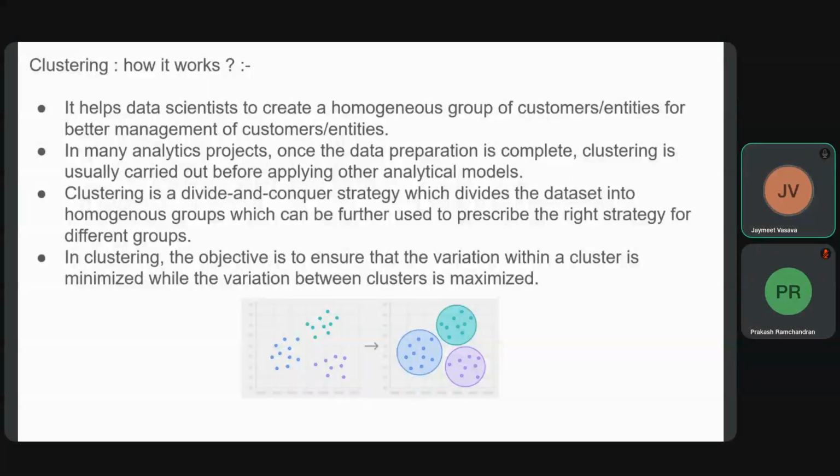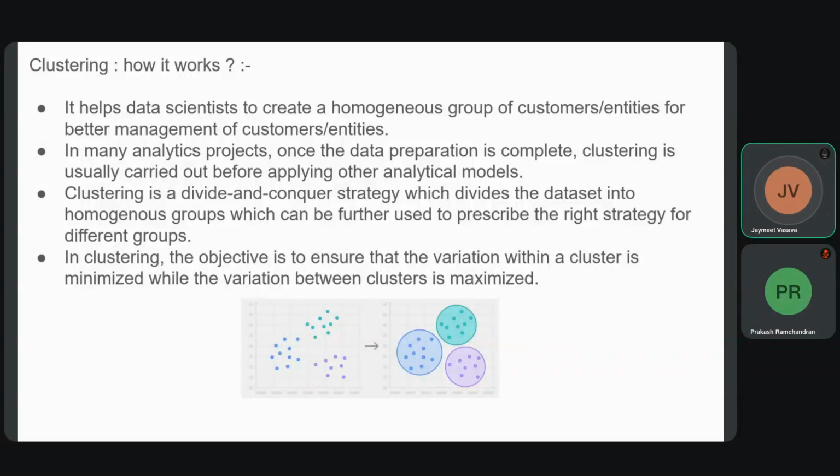So how clustering works. It helps data scientists to create homogeneous groups of customers for better management of customers. In many analytics projects, once the data preparation is complete, clustering is usually carried out before applying other analytical models.